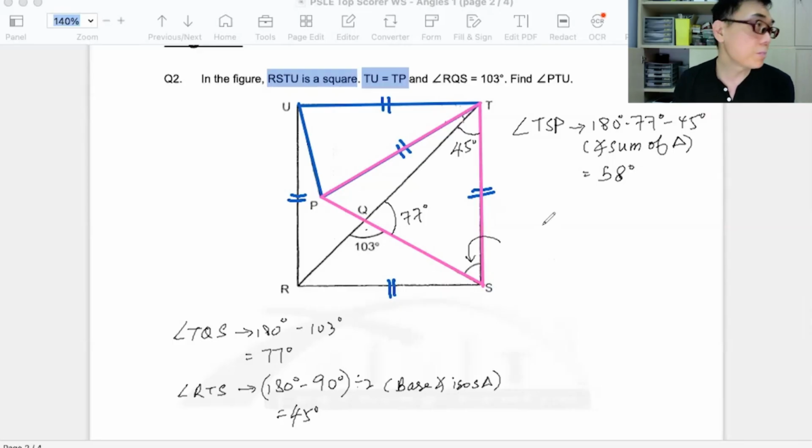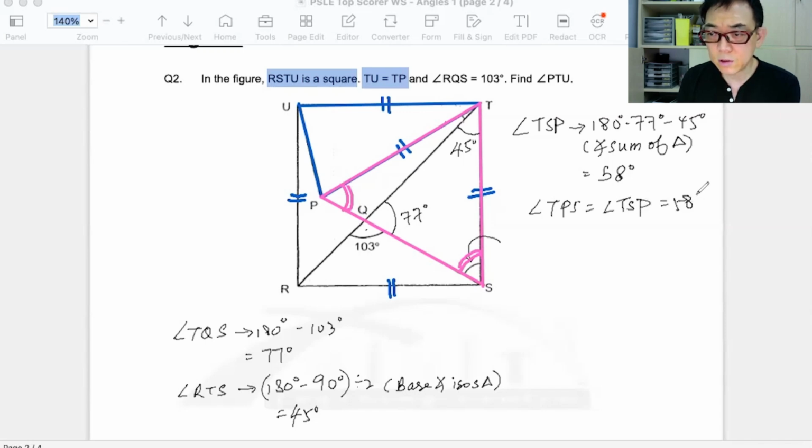Now, look at the pink triangle. Because of the pink triangle, I now know that this angle must be equal to this angle because they are part of the isosceles triangle. So the next thing I'm going to say is angle TPS equals angle TSP equals 58 degrees.